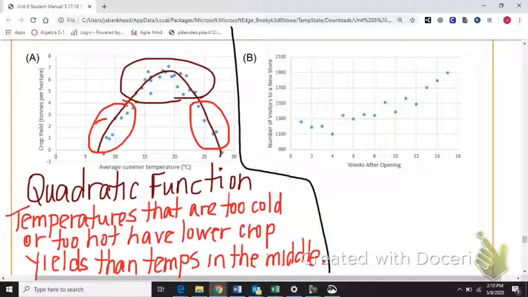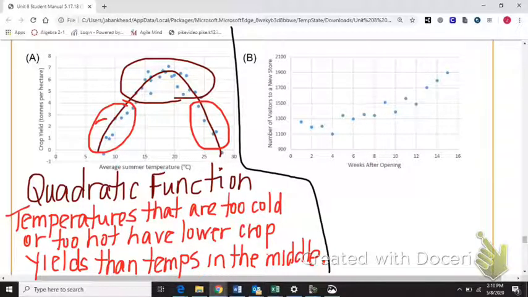In graph B, our x-axis is showing weeks after opening, and our y-axis is showing the number of visitors to a new store. Which type of function do you think best models this data? This one isn't as obvious as the first for many of us. Notice there are a couple of options that we could choose here.